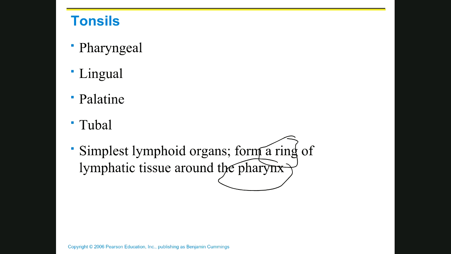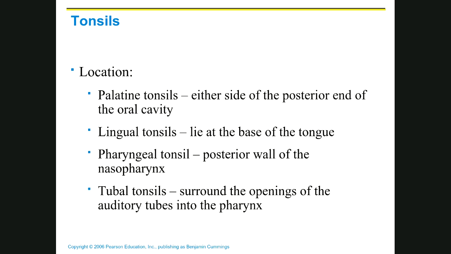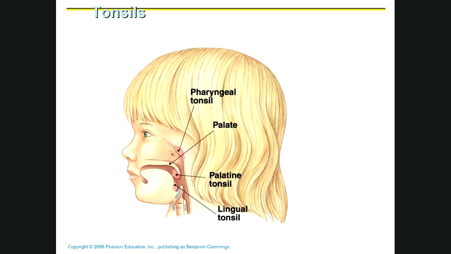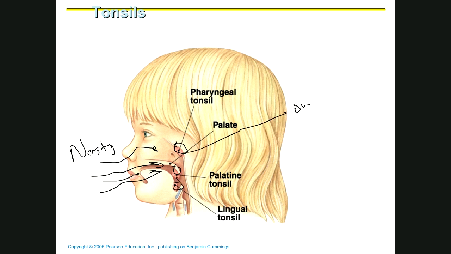And the reason we have them is because food and liquid and air come in here. None of these things are clean. There's all kinds of nasty stuff that comes with it. And so all of these tonsils are there, like sort of the outposts of the immune system.